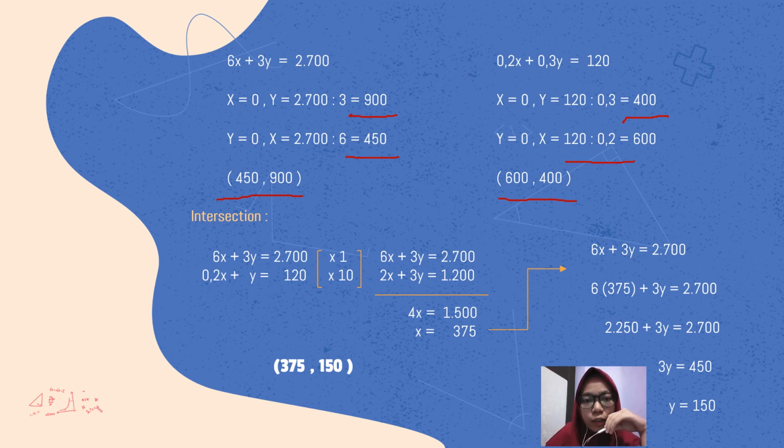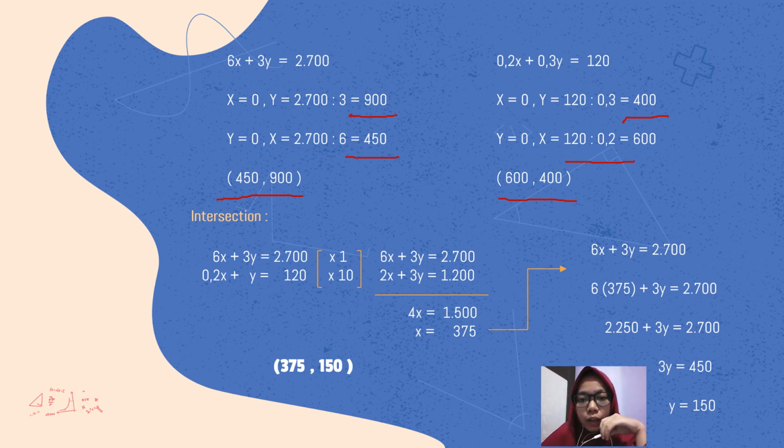Next, we find the intersection point. To find it, we eliminate using the first equation and the second equation. The first equation we multiply by 1 and the second equation we multiply by 10. 6x plus 3y is equal to 2,700, and 2x plus 3y is equal to 1,200.